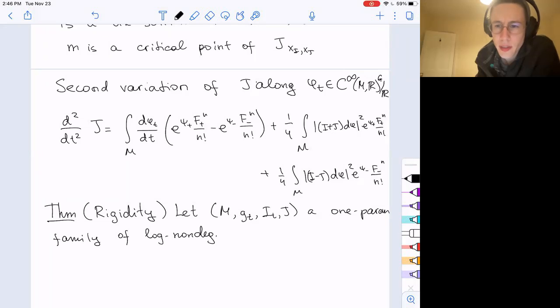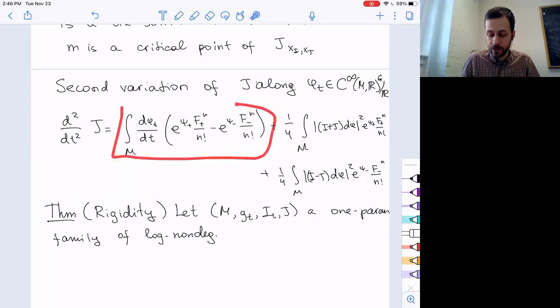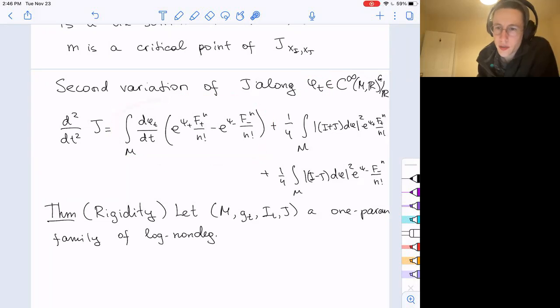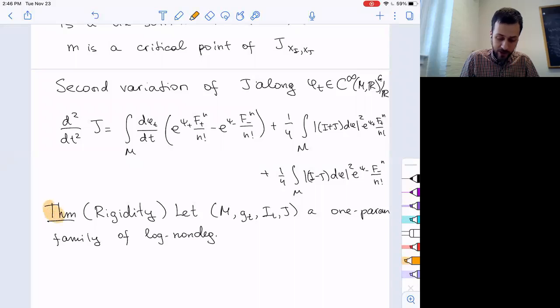Why doesn't the first term vanish? The first term does not necessarily vanish. So if you just start with some scalar structure and you take an arbitrary variation, this of course can be negative. Oh, we're not at a soliton. Not necessarily, yeah. If you're not on a soliton, it might not vanish. And the point of the next theorem is actually, since on a soliton it vanishes, then you have rigidity. So you could sort of anticipate what I wanted to say.